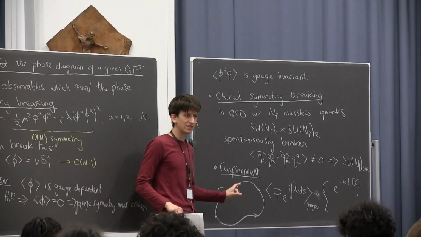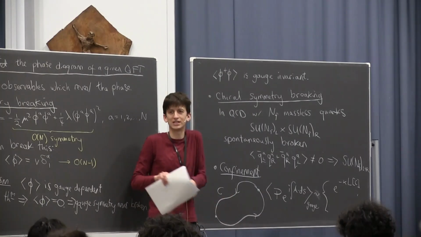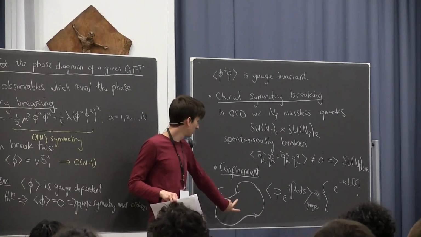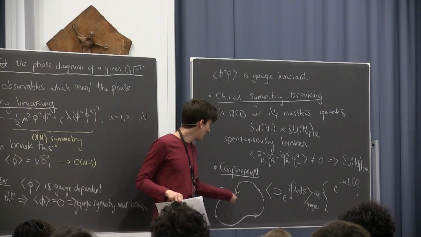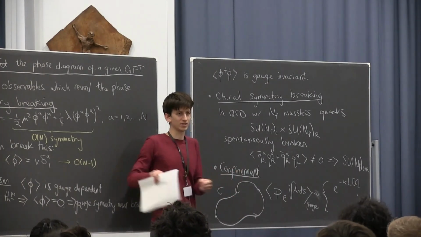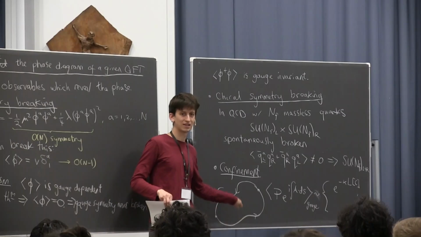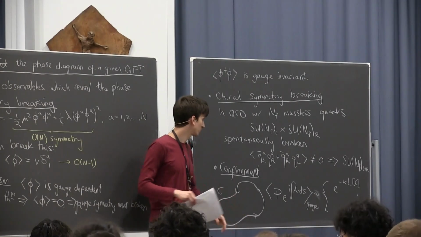But in a confined phase, there's essentially a potential which linearly rises between two quarks. So the gauge energy of two very far quarks grows with the length of the gap between them.